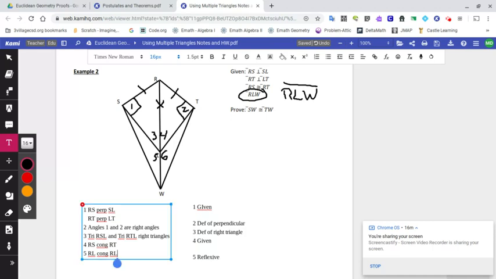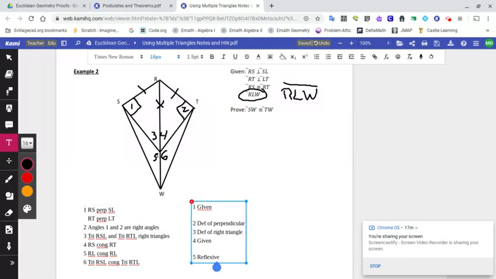So those two triangles now, 6, triangle RSL is congruent to triangle RTL. I showed that using hypotenuse leg congruent to hypotenuse leg. Now that I've got the two triangles congruent to each other, I can say angle 3 is congruent to angle 4.